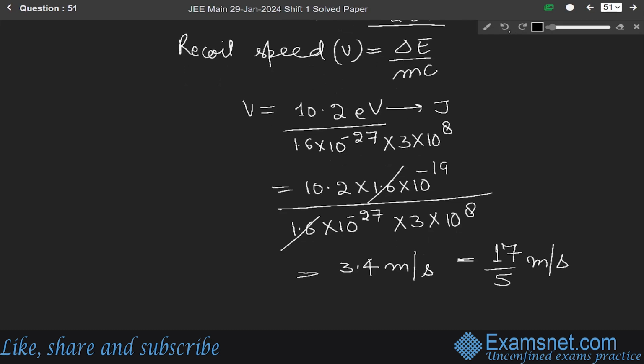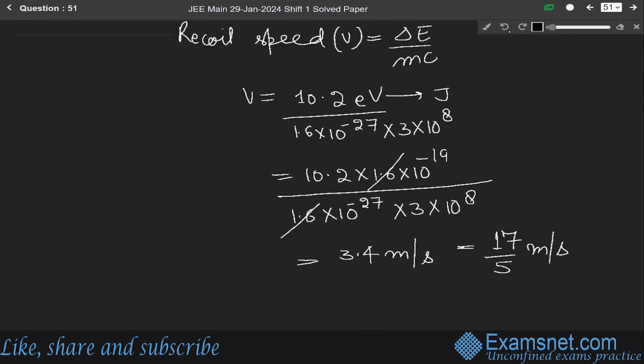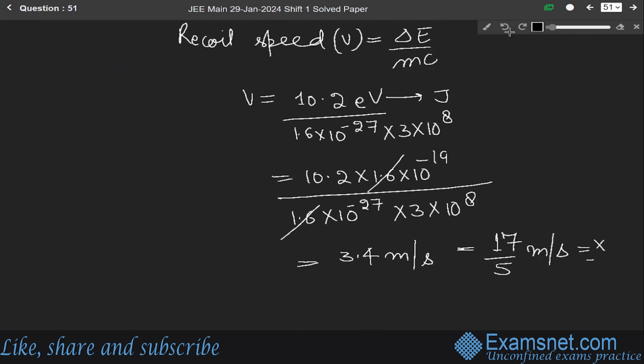Now comparing it with the given expression, x over 5 meter per second, so the value of x is 17.